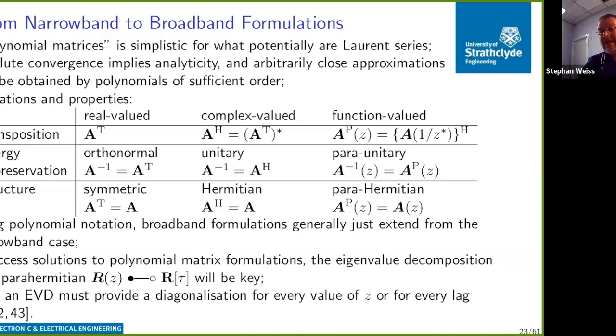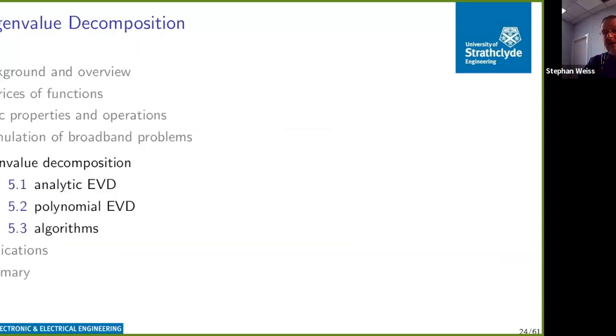However, if you perform an eigenvalue decomposition on, say, the space-time covariance matrix, that depends on a lag component, then we can only diagonalize this matrix for one specific lag, but not for all the others. So we'd like to diagonalize such a matrix of functions, not just for one component of tau or for one particular complex value, but for all of these values. And this is going to be our next section.